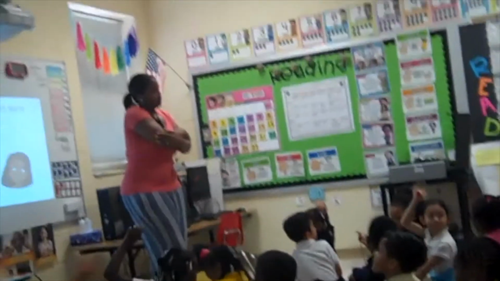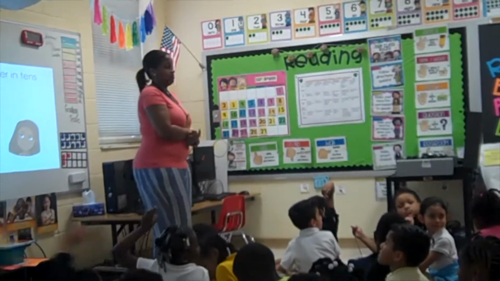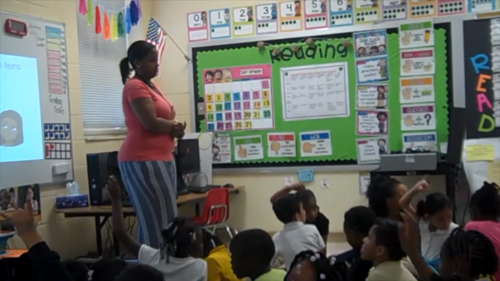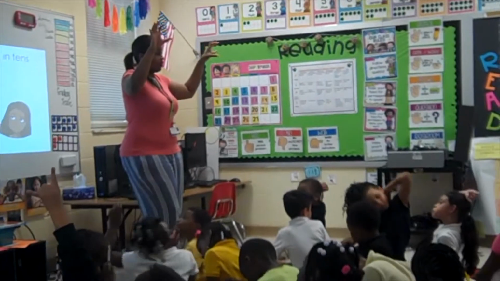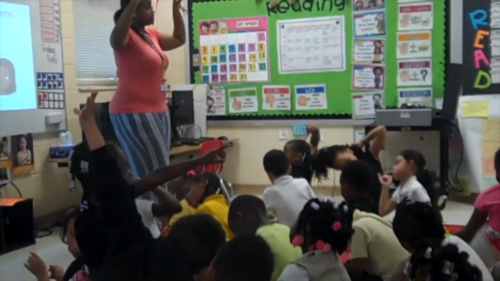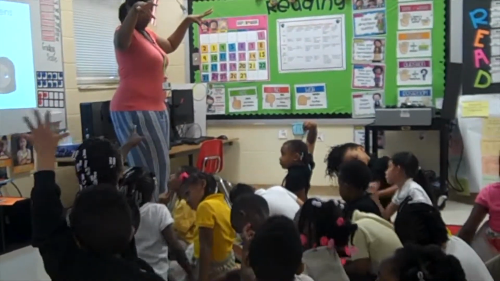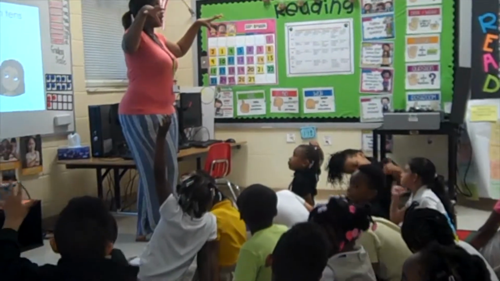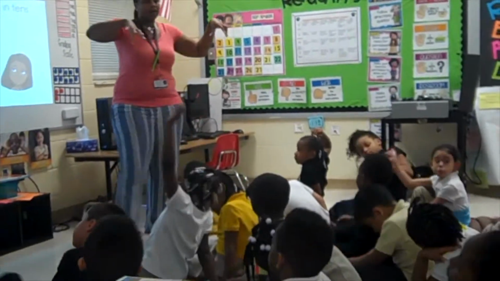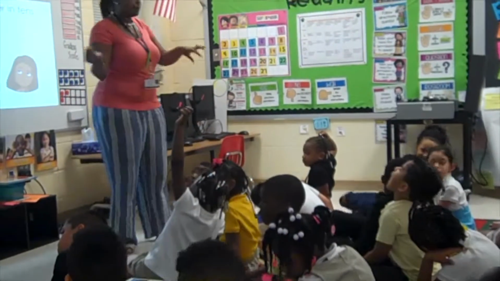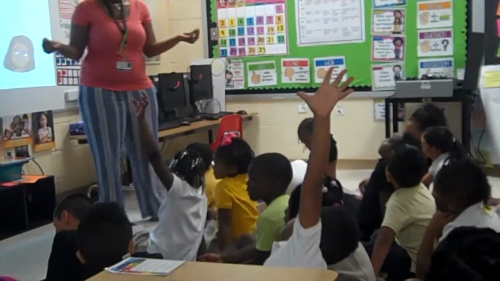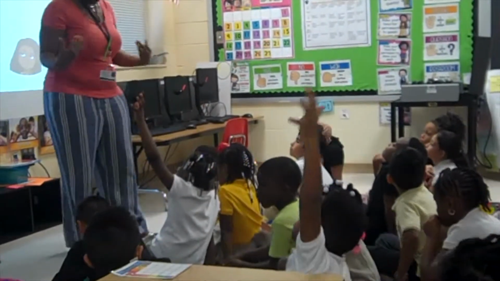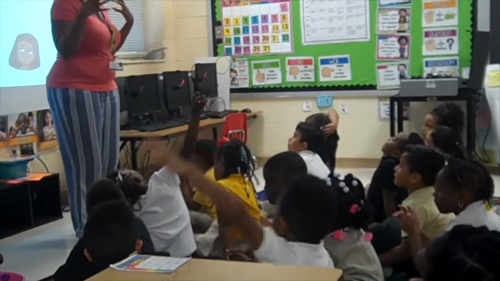Eric, how else can you show a number? 30 plus 3 equals 33. Okay, so I can create a math equation by saying 30 plus 3 makes 33. So I can represent a number with objects. I can represent a number by writing it. I can represent a number by showing it with my body. I can represent a number in a variety of different ways.